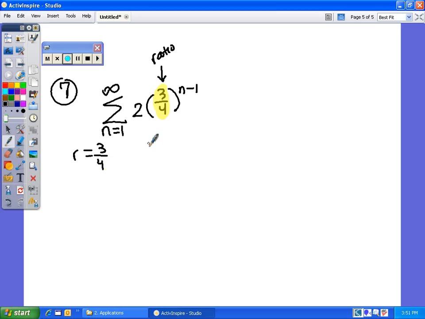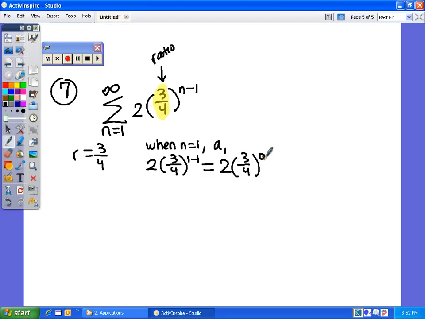My a sub 1 is when n equals 1, that gives me the first term. So I'm going to do 2 times 3/4 to the 1 minus 1 power. Well, 1 minus 1 is 0, and anything to the 0 is 1. So my a sub 1 is equal to 2.